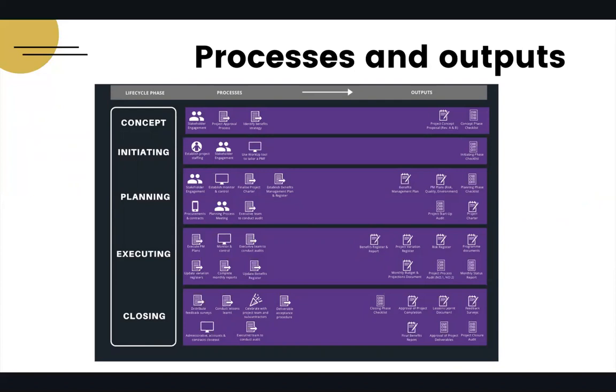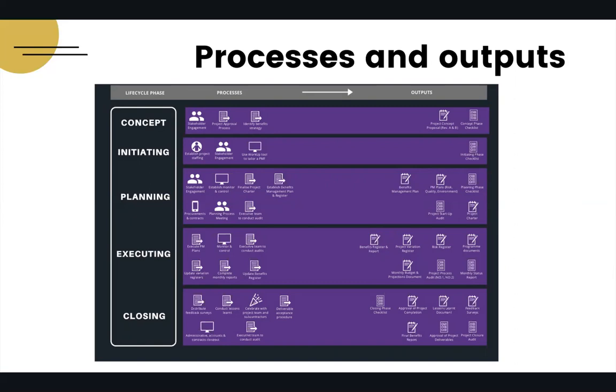So for example, in the concept phase, which is where you are coming up with your ideas, you need to start with your stakeholder engagement. That's pretty important to get their feedback and idea of what they want the final product to look like. Once you've done that, you also need to get a project approval process.